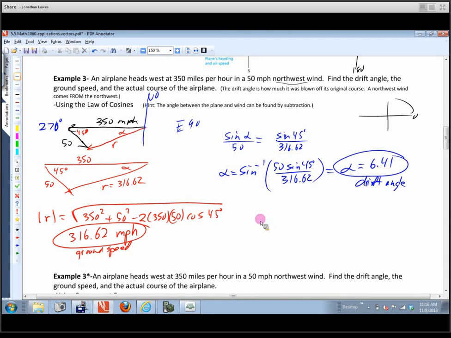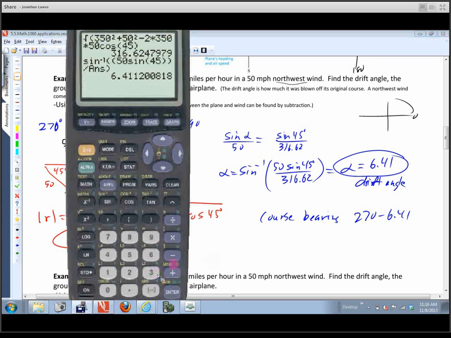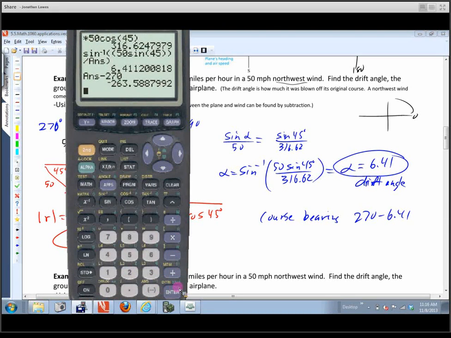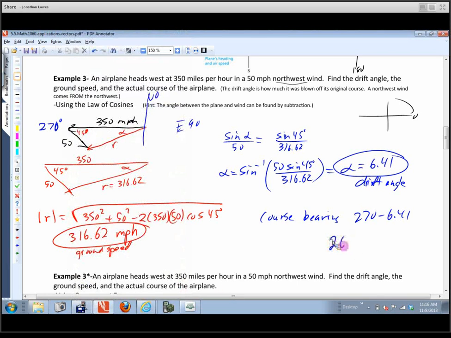So our course bearing is going to be 270 minus the 6.41. So we're going to end up with, and I'll just do subtract 270 here, change the sign, 263.58 degrees. So if they were saying where they were headed, they'd be saying they'd be headed at 263.